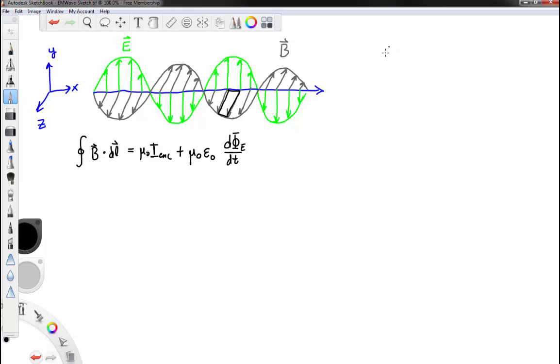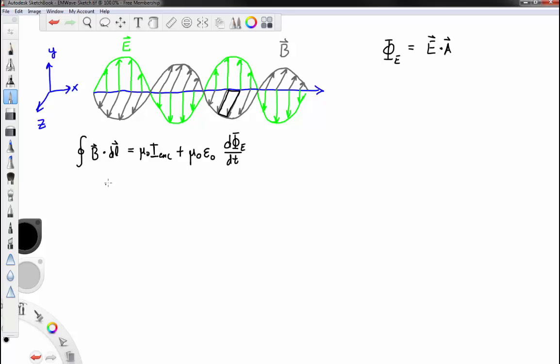So again, our electric field flux basically looks like E times A, or E dot A. So now again, let's do this sort of piecemeal.